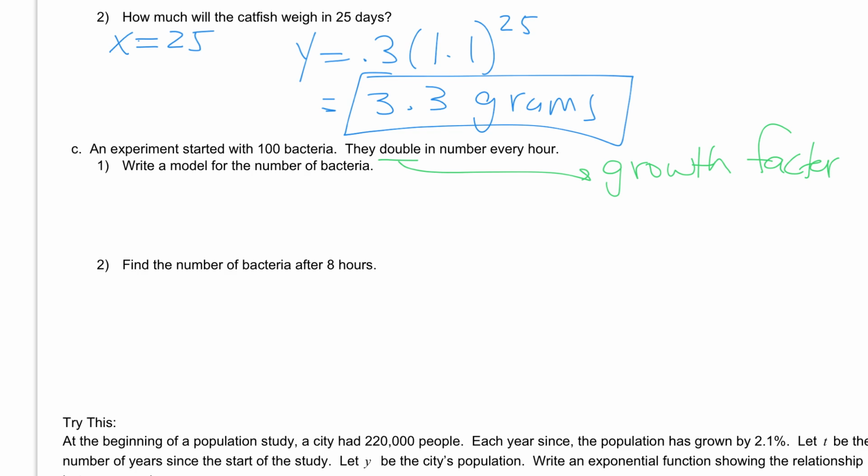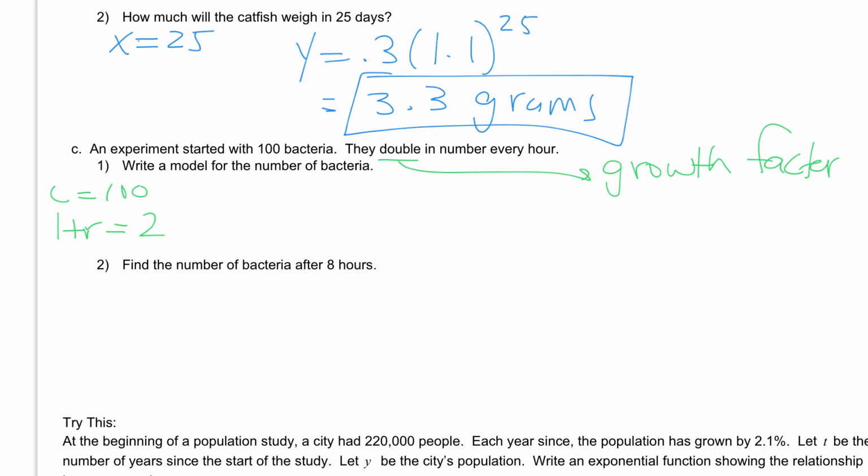So we know our initial amount. We know C is equal to 100. And then instead of knowing R, we actually know the growth factor, so we know 1 plus R is 2. If it's doubling, it's 2, tripling would be 3, quadrupling would be 4, and so forth. And then we don't need our time right now because we want that as a variable in our problem.